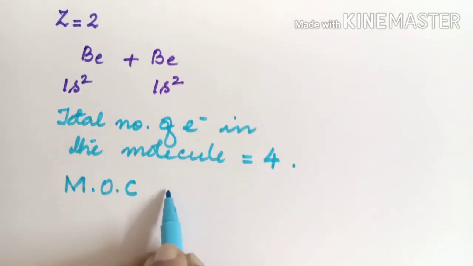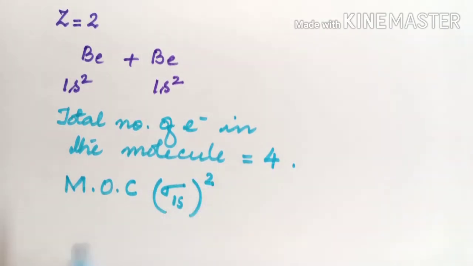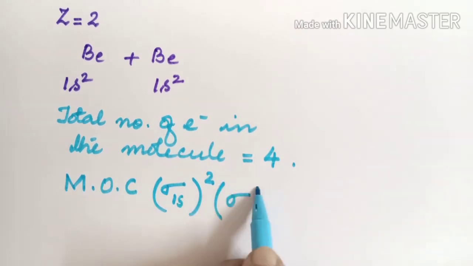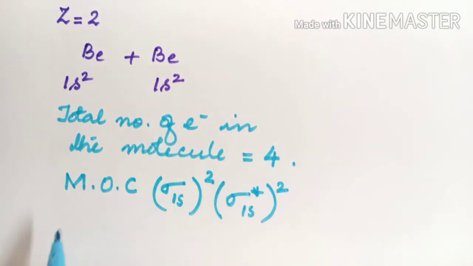First, we begin with the lowest molecular orbital, that is, which is having the lowest energy, sigma 1s. We arrange 2 electrons there. Next, go to the higher level, that is sigma star 1s2. Now, calculate the bond order. What is a bond order?